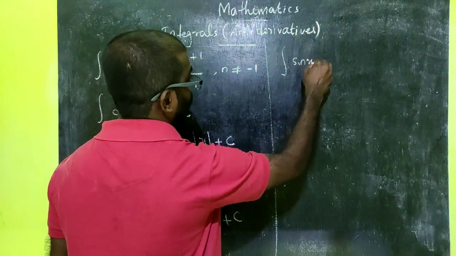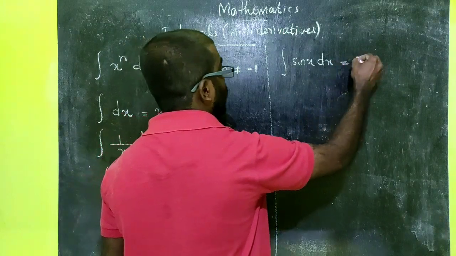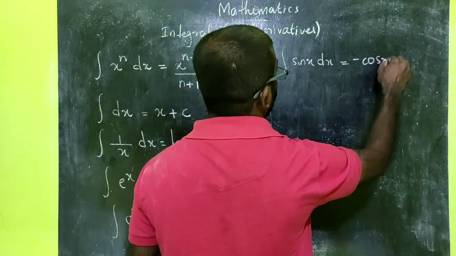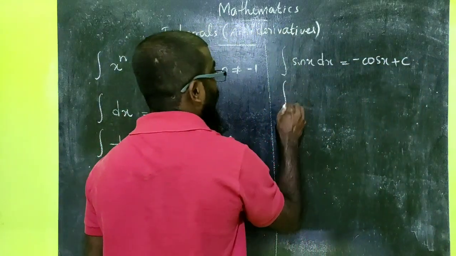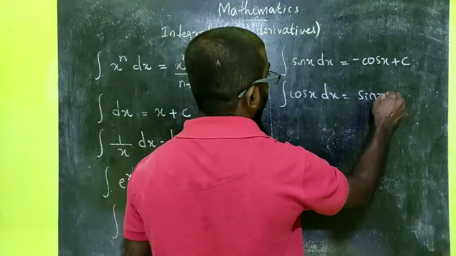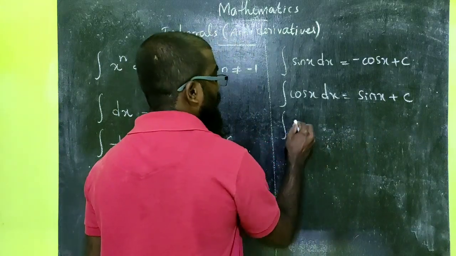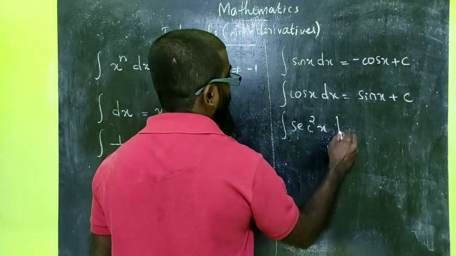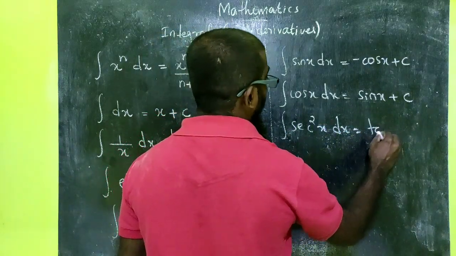Next is related to trigonometry. Integral sin x dx is equal to minus cos x plus c. Integral cos x dx is equal to sin x plus c. Integral sec square x dx is equal to tan x plus c.